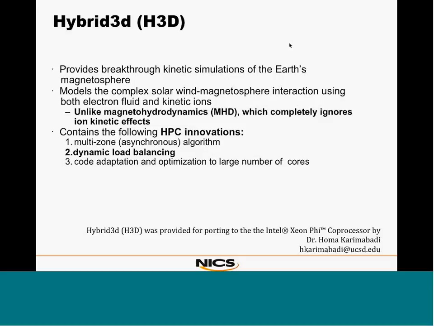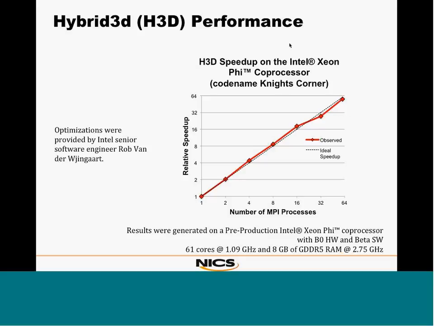Okay, put it at H3D. Okay, H3D is a kinetic simulation of the Earth's magnetosphere, which actually allows us to do some fluid hydrogen modeling, as they call it. All right, and it allows us to do things that are including ion kinetic effects, and it also has some really nice code that's been done in there as well, specifically the dynamic load model on something like that.